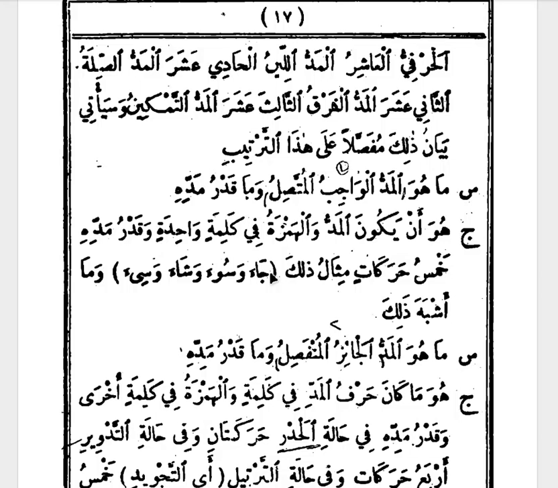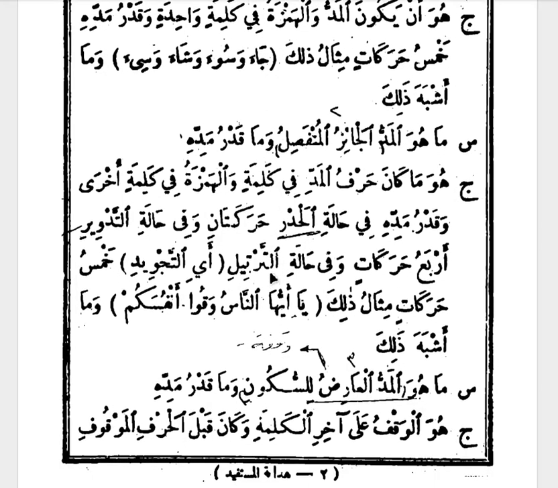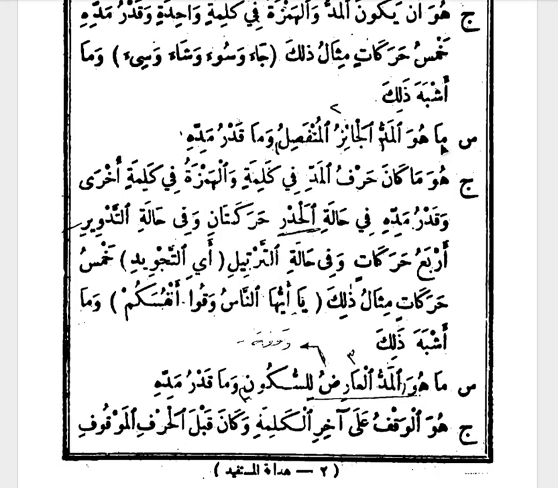Moving on to the next madda, we said, ma huwa al-maddul jaiz al-munfasil. Don't confuse this. The first one was wajib al-muttasil, and now this one is jaiz al-munfasil. They said, هو ما كان حرف المد في كلمة والهمزة في كلمة أخرى وقدر مده في حالة الحدر حركتان وفي حالة التدوير 4 حركات وفي حالة الترتيل 5 حركات.